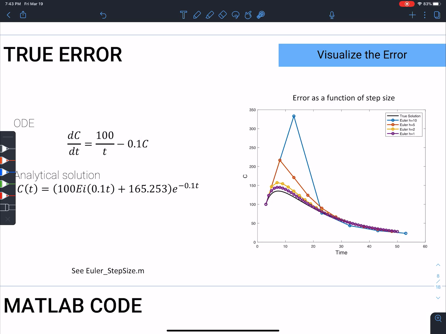But in this case, just if we want to know, this Ei here is essentially the integral from, let's say, t to infinity of e to the minus t.